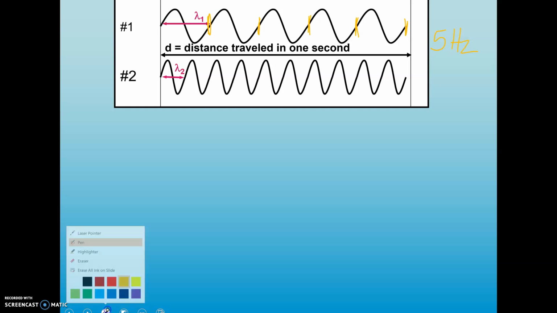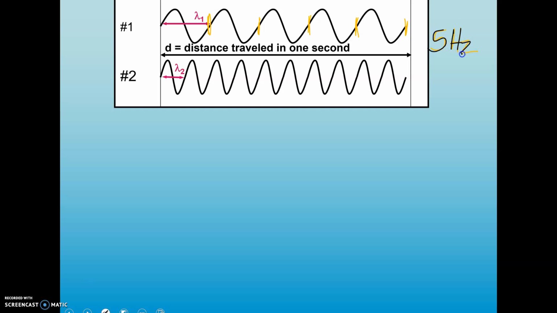Wave 2, on the other hand, if we look at the wavelength, we see that the wavelength is much shorter. So the frequency is actually going to be higher. We can get more waves per second. And so 1, 2, 3, 4, 5, 6, 7, 8, 9, 10.